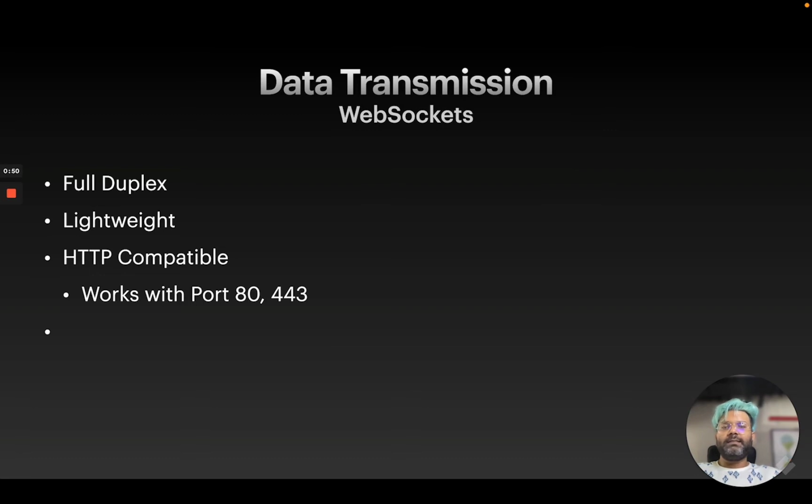What this means is that there needs to be a logical path or a connection between the two entities for the data transmission to happen, and this path must exist in the entire cycle of the request response that is happening. It's very similar to a phone call.